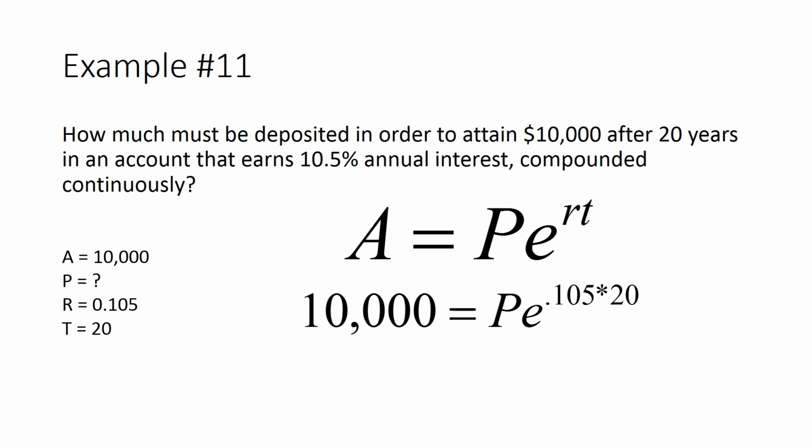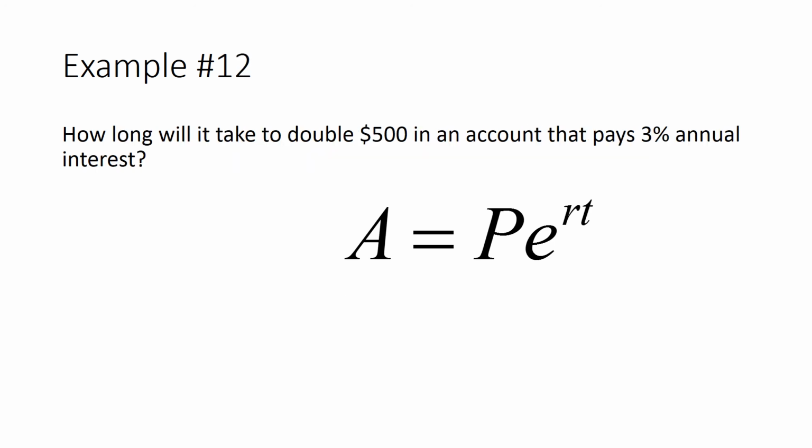Using my calculator, I would do e to the x and then 0.105 times 20. That's going to give me a number. And then whatever that number is, I divide 10,000 by that number. So I'd have to deposit $1,224 to get 10,000 after 20 years.